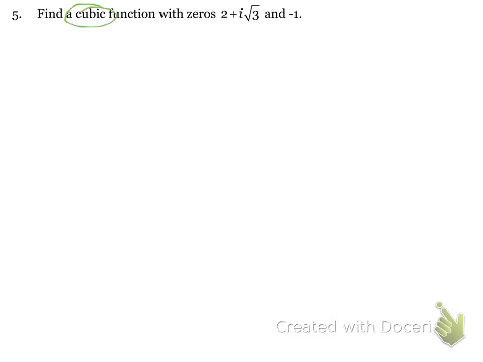Okay, our last example. A cubic, which implies we have a degree of 3. We have a complex conjugate, so this means we have an implied 0, which is 2 minus i root 3. So we have 3 there, so there's no multiplicity.